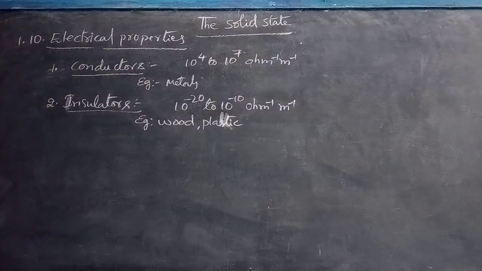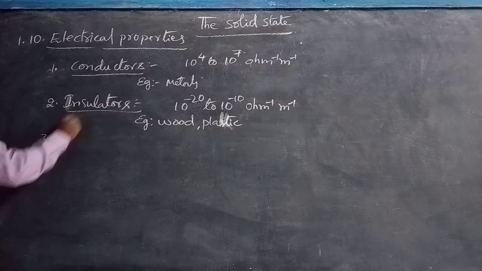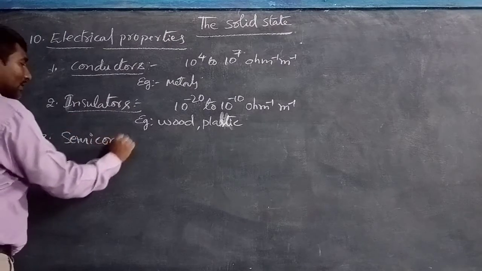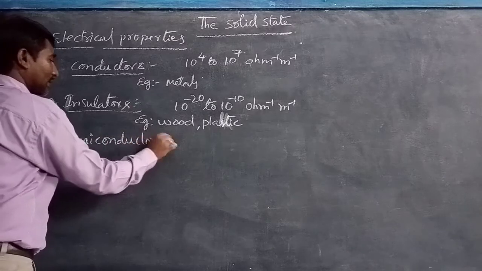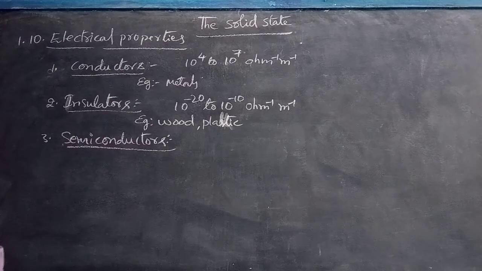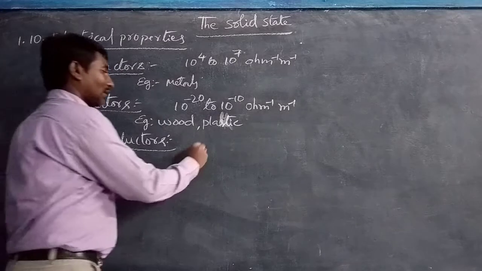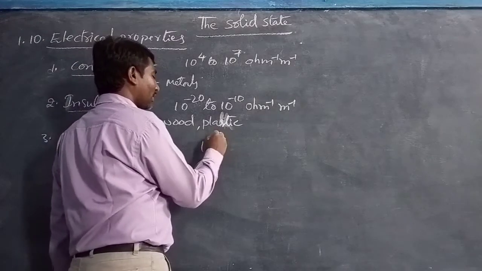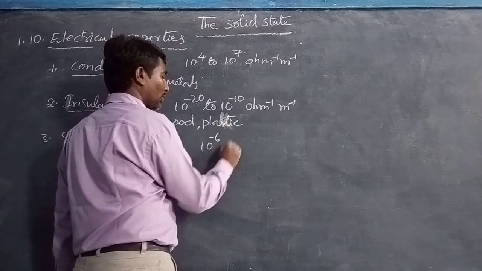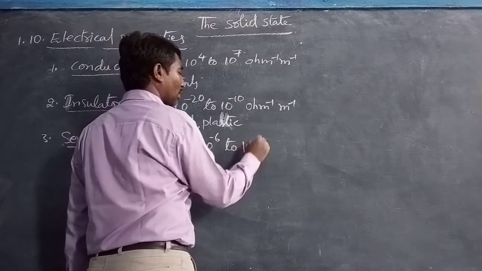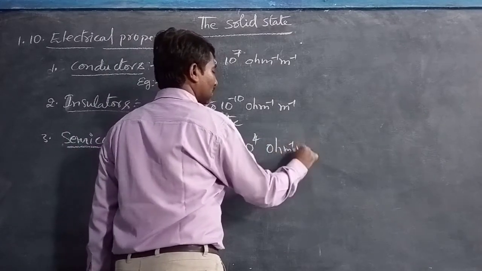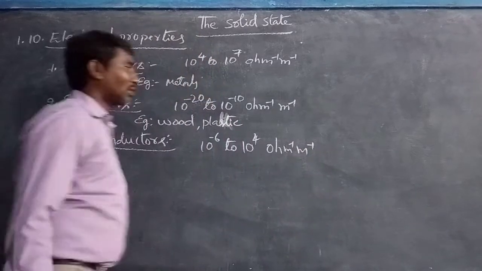The third one is semiconductors. The substance whose conductivity ranges between 10 to the power of minus 6 to 10 to the power of 4 ohm inverse meter inverse.